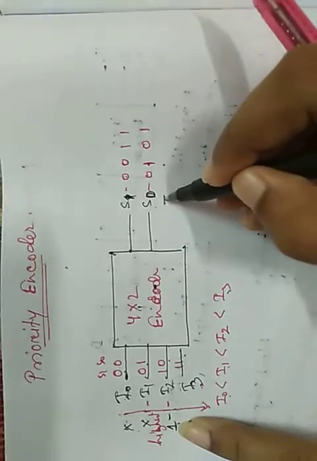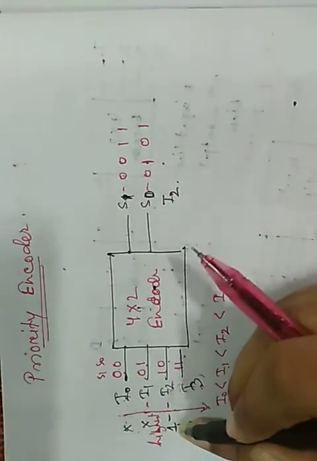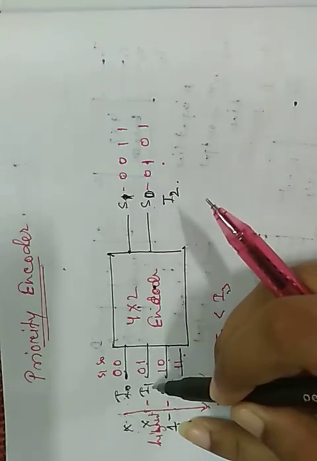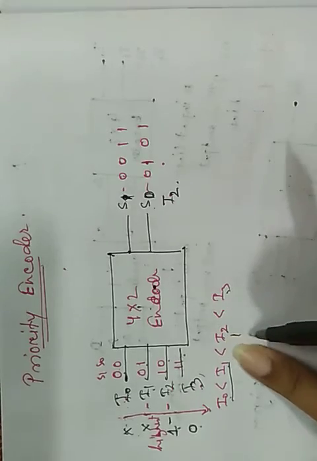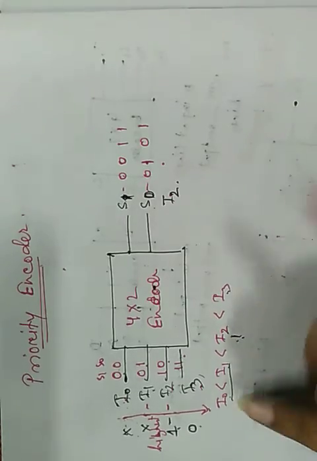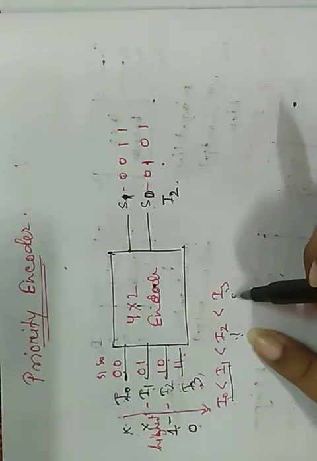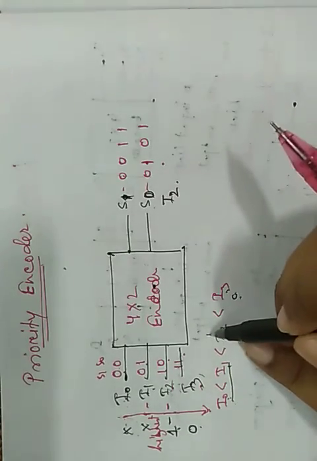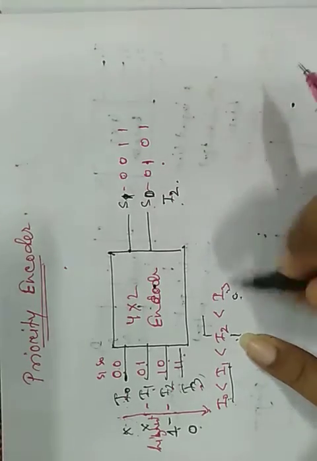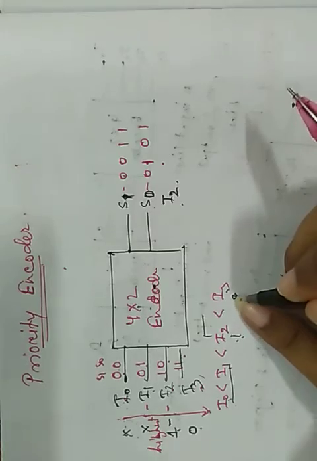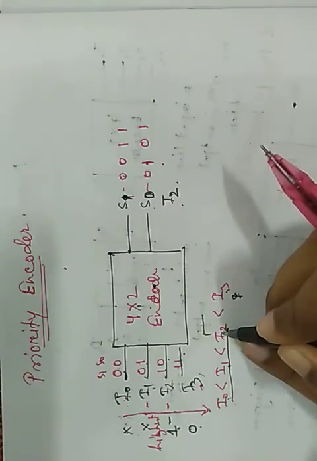The output value must be I2, because I0 and I1 have lower priority than I2. If I2 is high, then it will not check the value of I0 and I1. If I3 is high, then it will not check any other lower priority input signal.